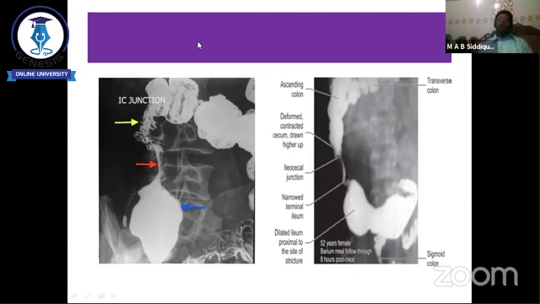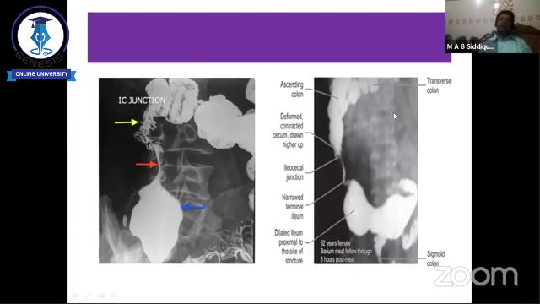This is actually a barium contrast X-ray of the small intestine, and this is called barium follow through. The name changes from barium meal to barium follow through. So this is the barium follow through X-ray, one of the contrast X-rays.